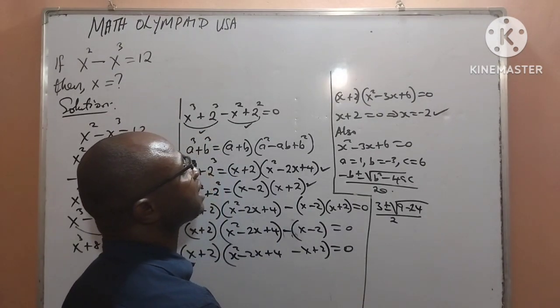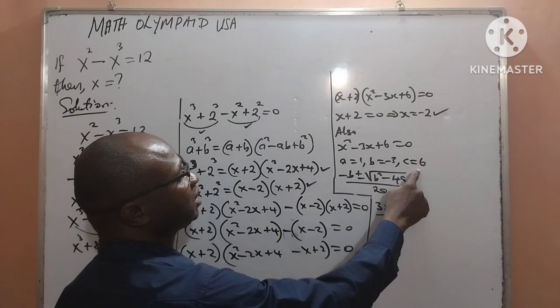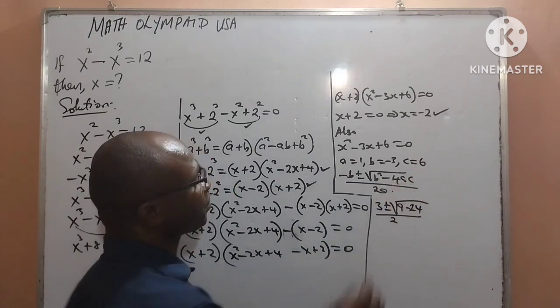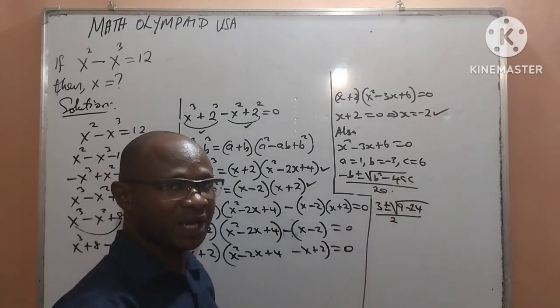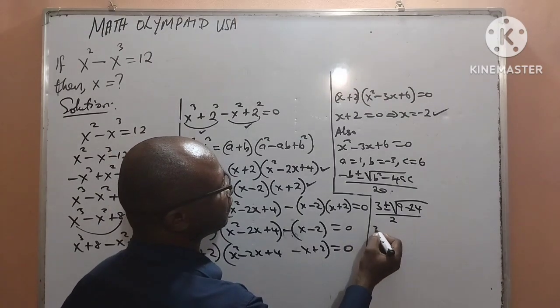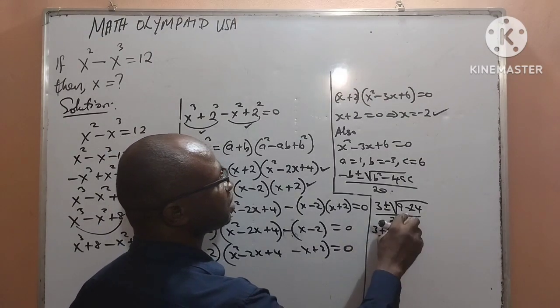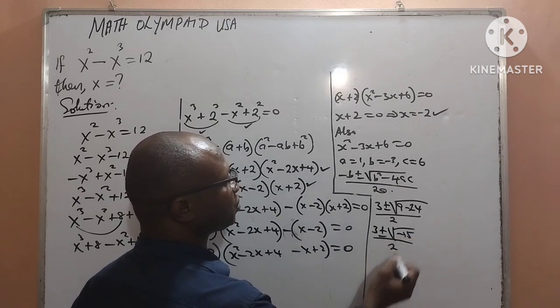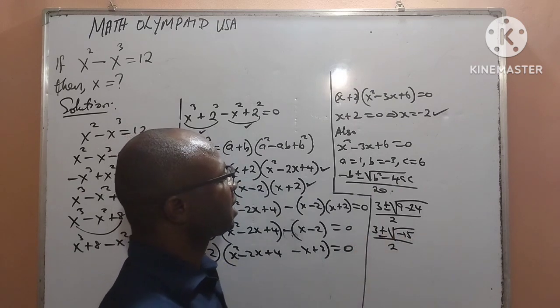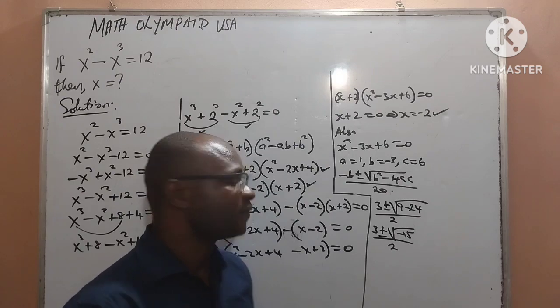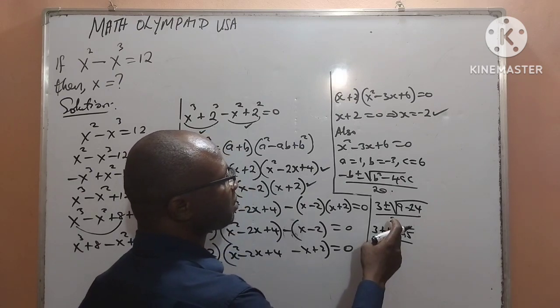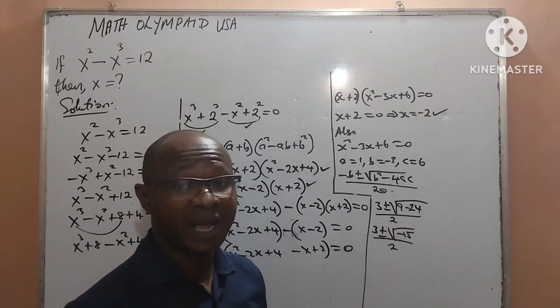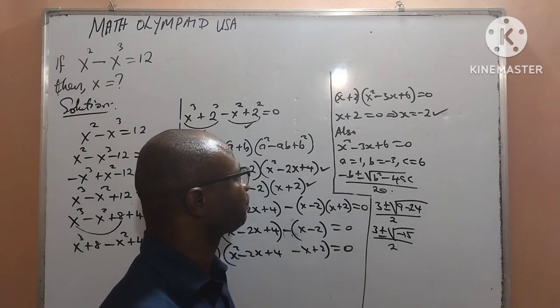Now, I have substituted the values of a, b, and c into this quadratic formula, and it resulted to this. Therefore, I will now have 3 plus or minus the square root of minus 15 all over 2. As you can see, having a negative value under the square root sign implies that we are going to get a complex root.